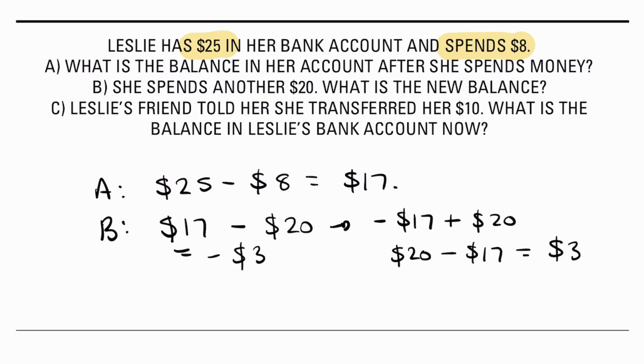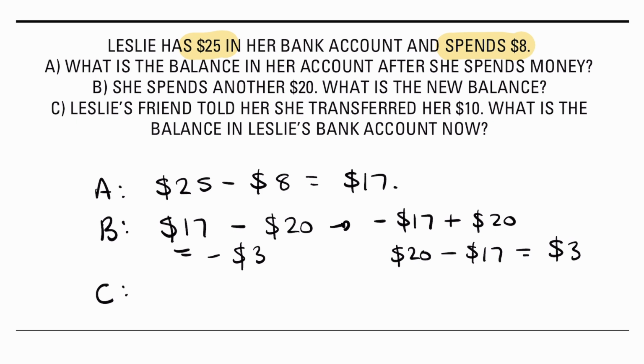And then finally for part C, Leslie's friend has transferred her $10. What is the balance in Leslie's bank account now? So what does it mean if she's been transferred $10? That means that someone has put more money in her account. So we could say that it's added to her account.